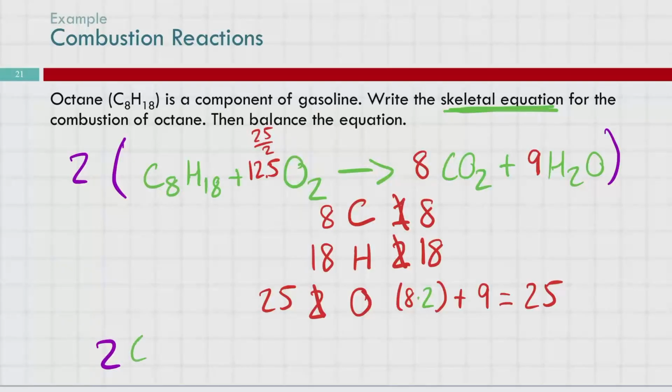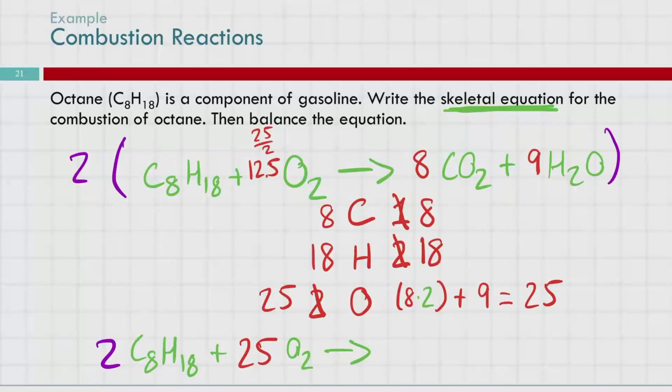So 2 C8H18 plus 25 O2 goes to 8 times 2 is 16 CO2 plus 9 times 2 is 18 H2O.